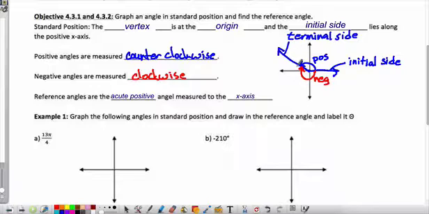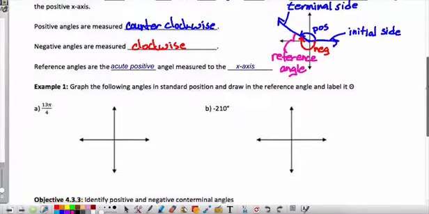So the reference angle then is the acute positive angle measured to the x-axis. So let's pick another color here. This angle right here is the reference angle. And we're going to practice finding that, but it's always to the x-axis.